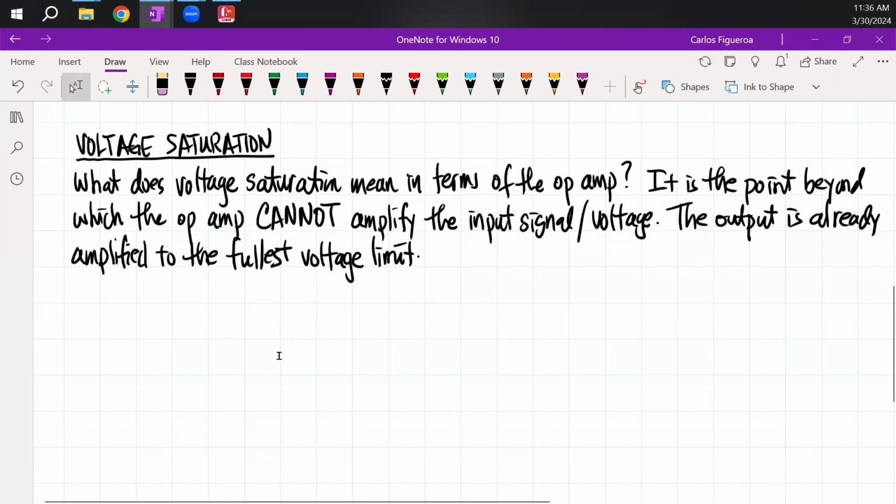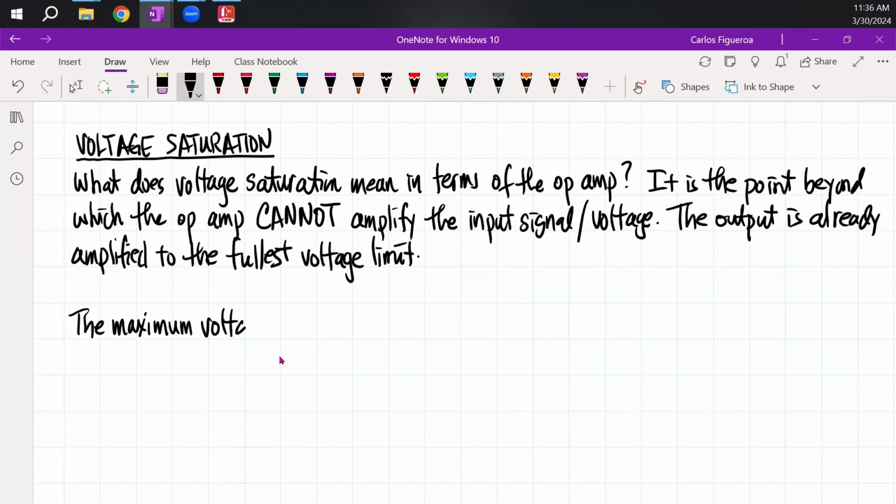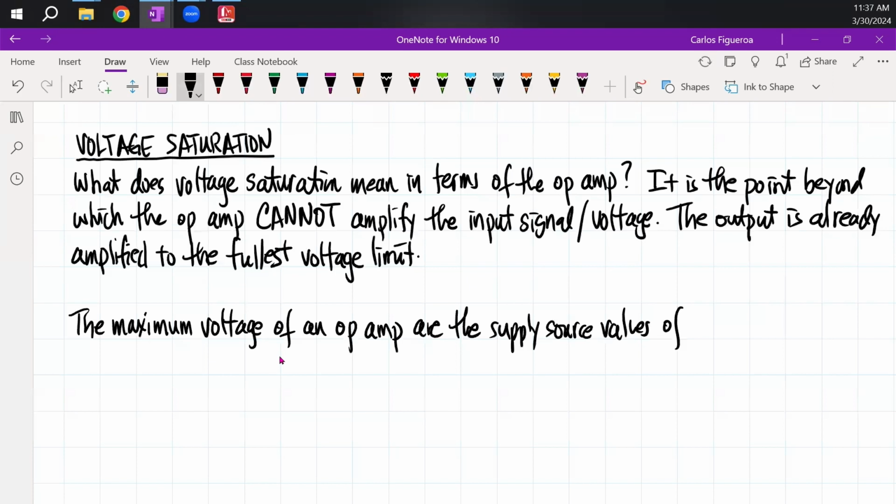We've already said this, and we should say it again, that the maximum voltage of an op amp are the supply source values of plus or minus 15 volts.